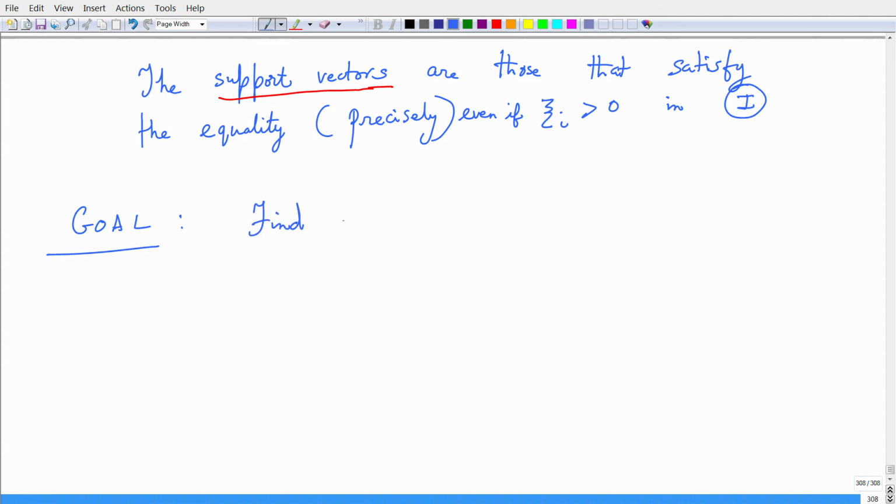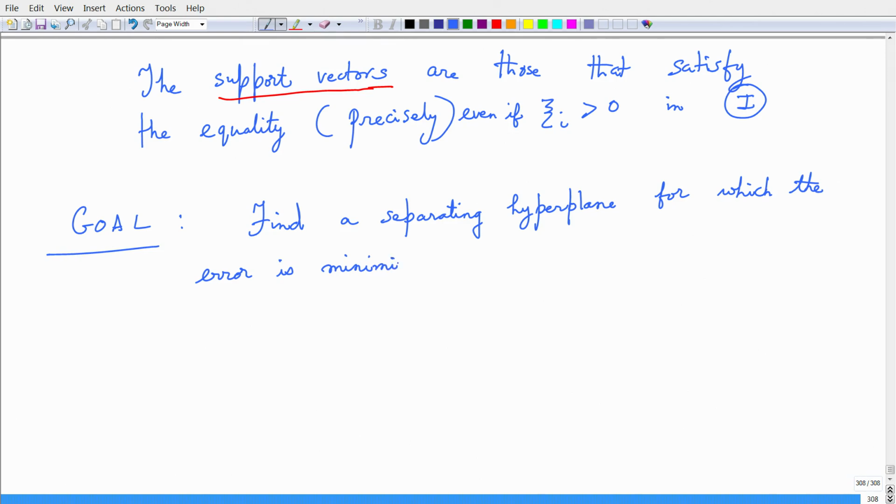So, the goal would be to find a separating hyperplane for which the error is minimized when averaged over the training set.